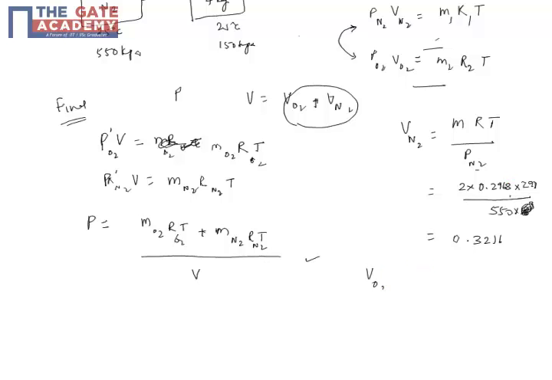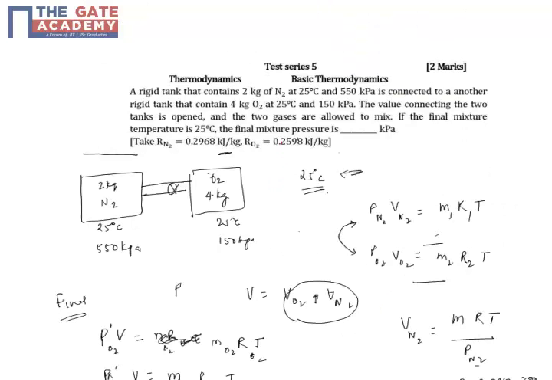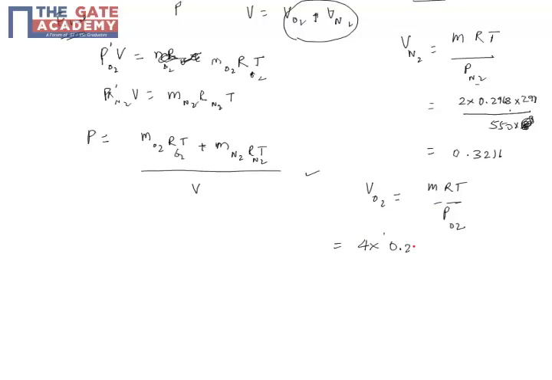And now VO2 in the initial state is again the same, mRT divided by the pressure of O2. The mass of O2 is 4, R is 0.2598, times 298, divided by 150 because it's 150 kPa. This value comes to about 2.065 meter cube, and the other is also meter cube.